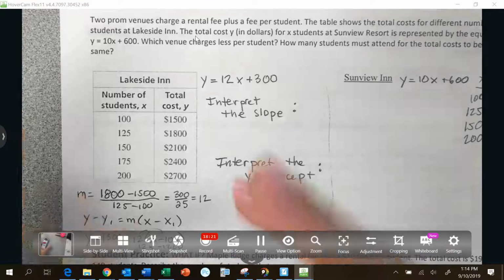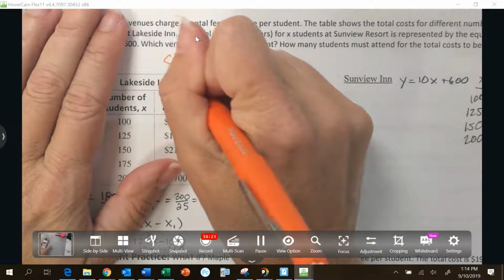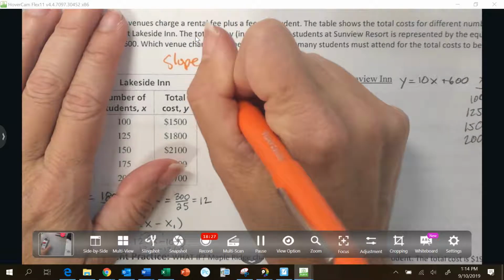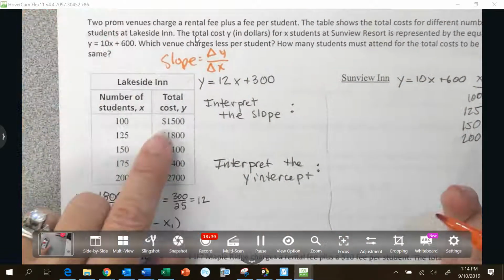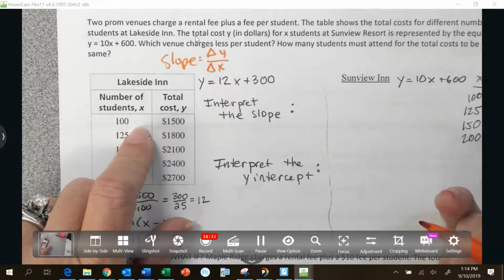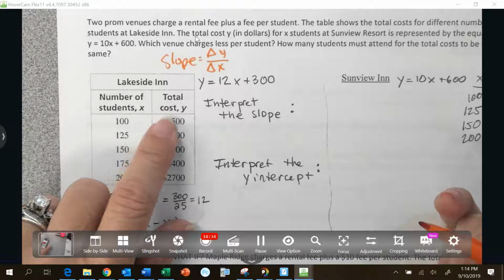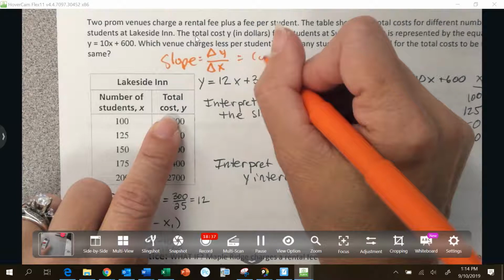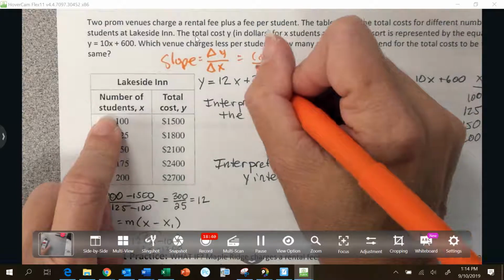Remember, slope is the difference in the y's over the difference in the x's. So we look right here. What is my y talking about? The cost. And my x's are the number of students.